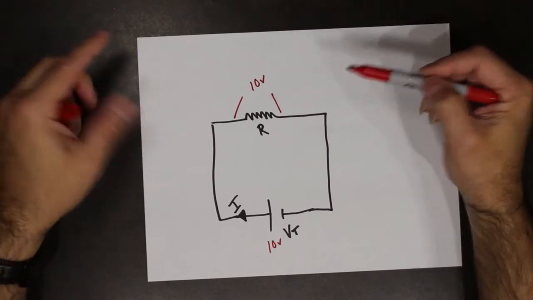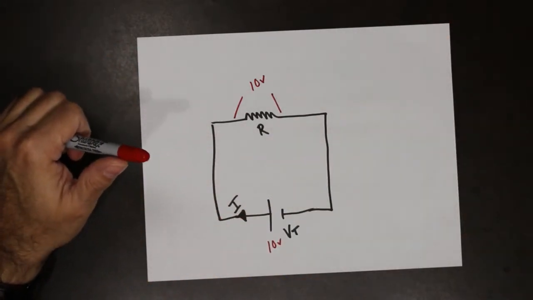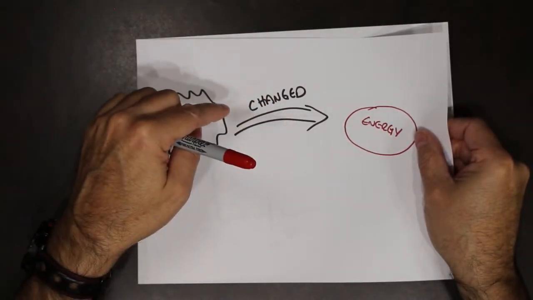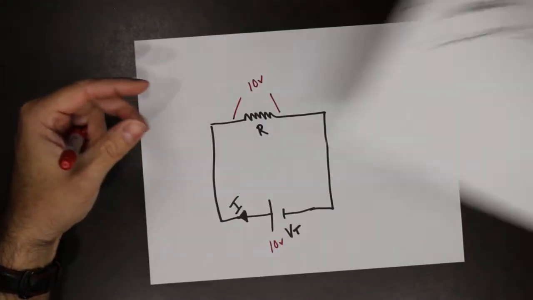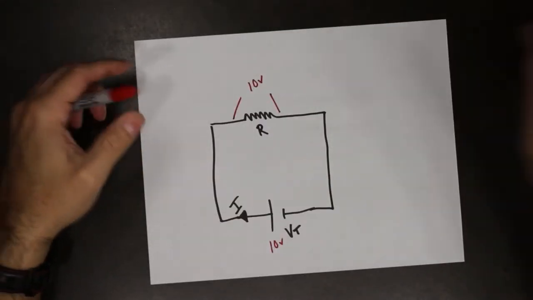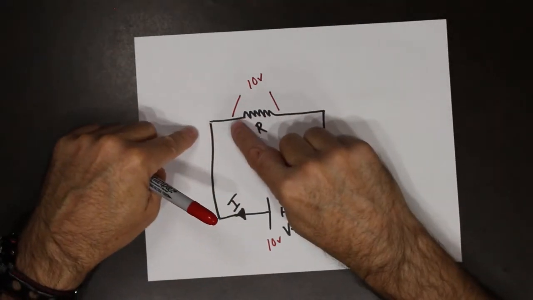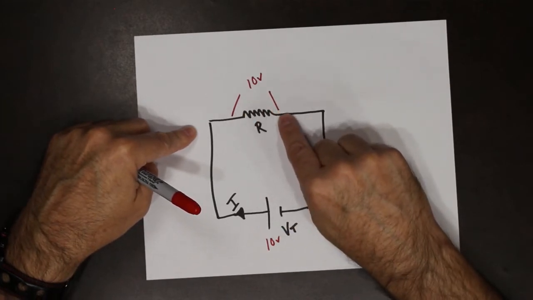Where does that energy go? It has to go somewhere, because according to our law, energy can only be changed, can't be created, cannot be destroyed. So the potential energy, the voltage, goes from a potential of 10 volts down to a potential of 0.